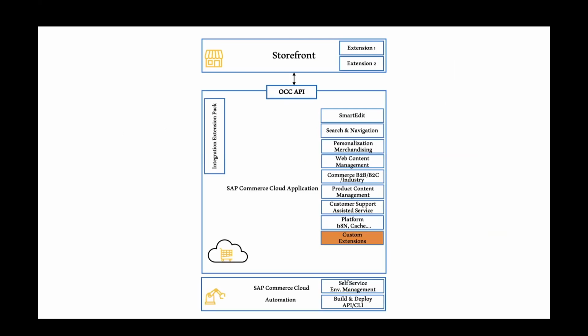Okay. At the bottom, you can see we have the SAP Commerce Cloud automation. This is the self-service login portal provided by SAP Commerce whenever we get the login credentials for a new environment. With these portal login credentials we can build and deploy on our own.